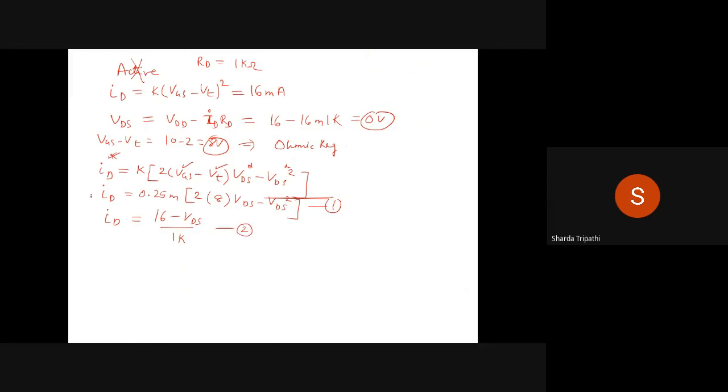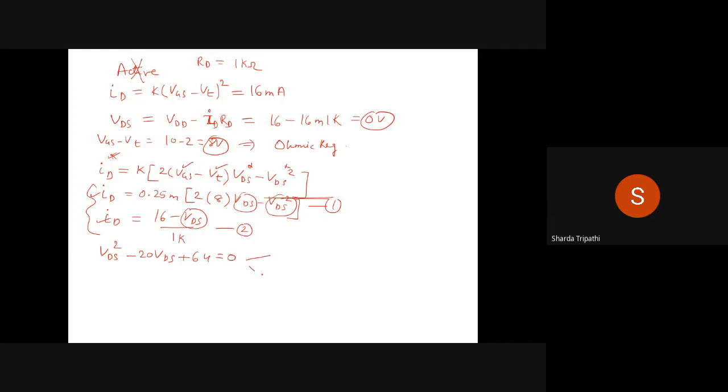And then because both of them are the equations of the drain current, what I'm going to do is equate both of them and do some rearrangement so that I obtain a quadratic equation in this variable VDS square. So that calculation I'm not showing, you can do that and verify later on. I'm giving the final equation. This equation will be VDS square minus 20 times VDS plus 64 is equal to 0.